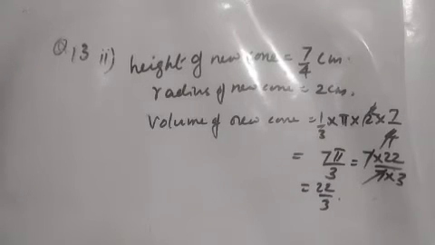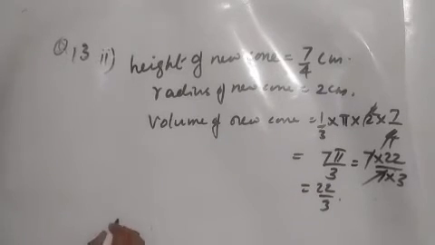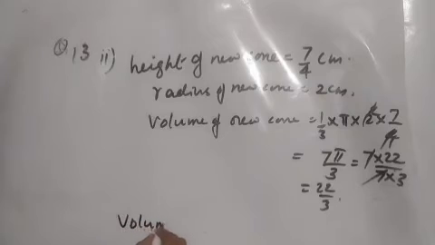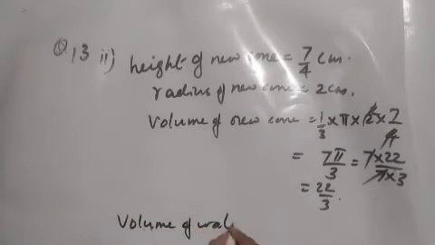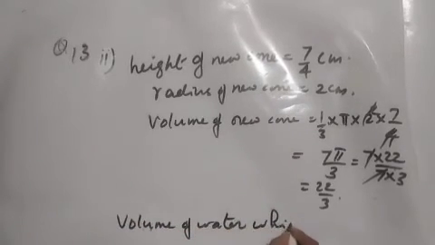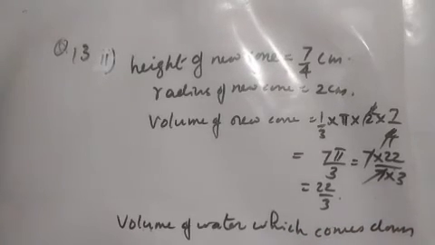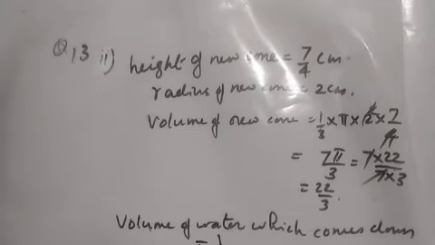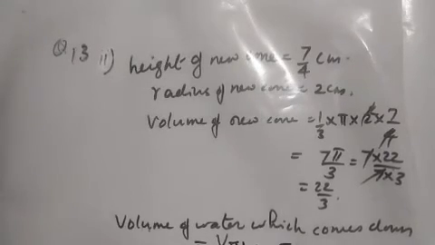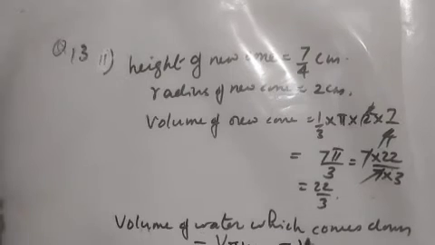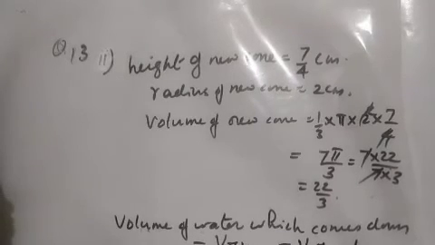Now we can say that the volume of water which comes down is equal to the volume of the first cone minus the volume of the second cone.